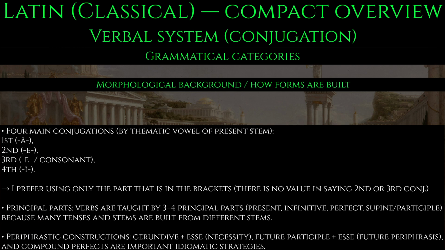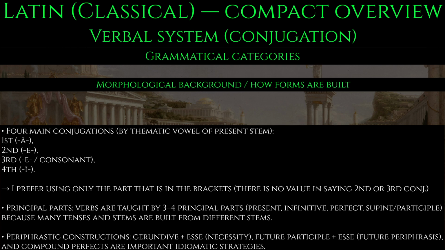Now, morphological background, basically how forms are built. We do have 4 main conjugations by thematic vowel of the present stem. So the first a, the second e, the third e or consonant, and the fourth i. And then principal parts. Verbs are usually taught by 3 to 4 principal parts, which would be present, infinitive, perfect, and supine or participle, because many tenses are built from different stems.